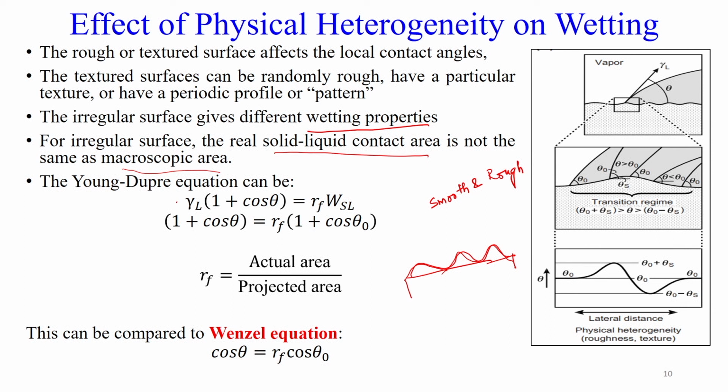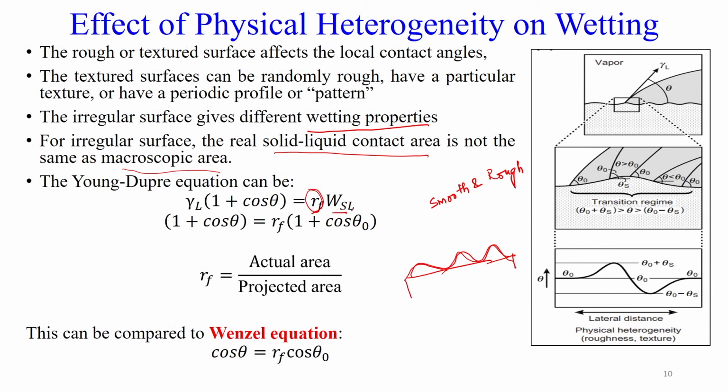So, if you remember the Young-Dupré equation we discussed in the last class, we can modify it: the work of adhesion here is equal to gamma_L (1 + cos theta) multiplied by a factor RF. RF is known as the roughness factor, or you can say 1 + cos theta is equal to RF times W_SL from Young's equation.